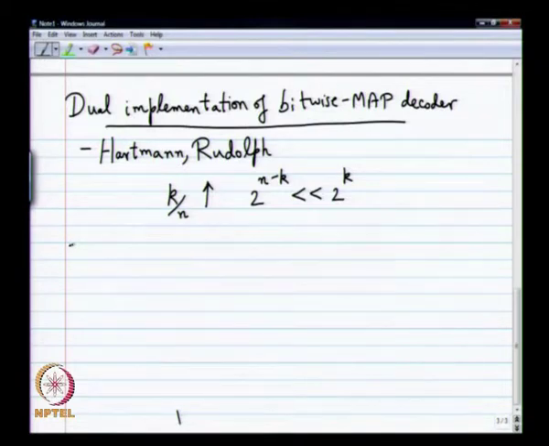Anyway, so let's take the first example. Let's make it a little bit non-trivial. We'll take the 4, 3 even weight code.